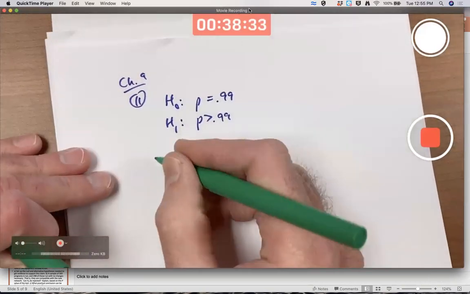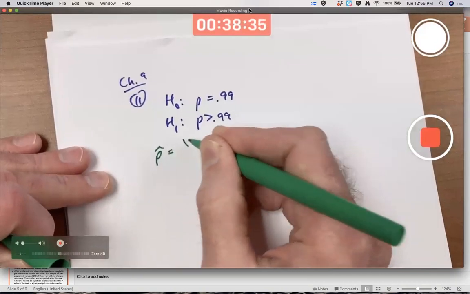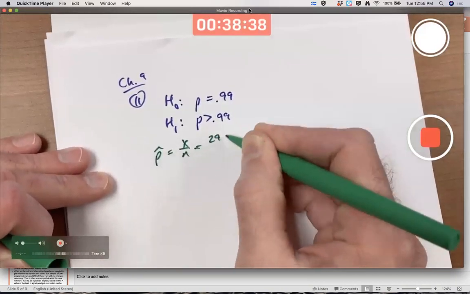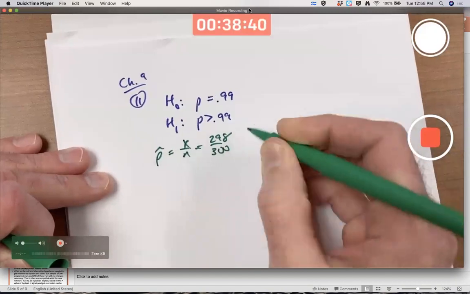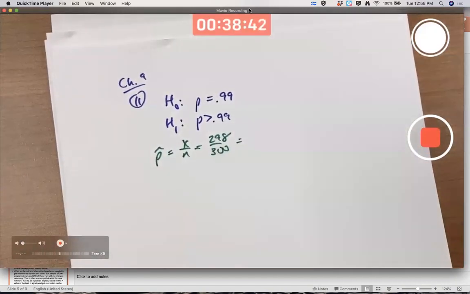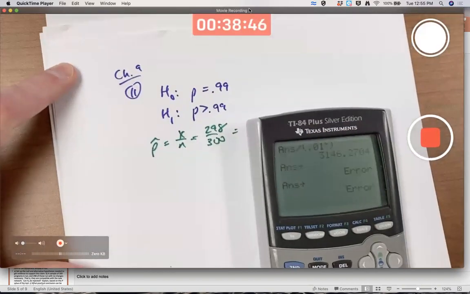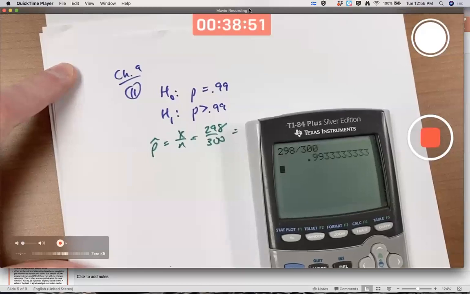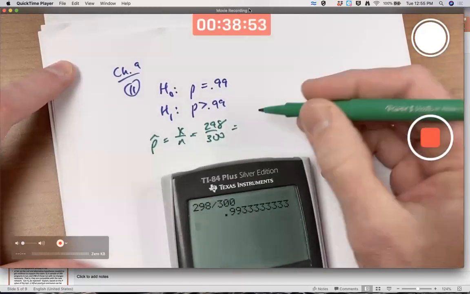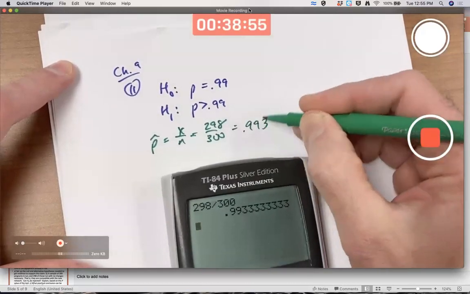We got a sample proportion p hat equal to x over n equal to 298 over 300, which is bigger than 0.99. Well, you might say not by much. 0.993 repeating.